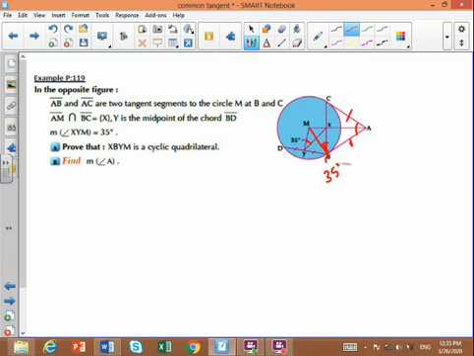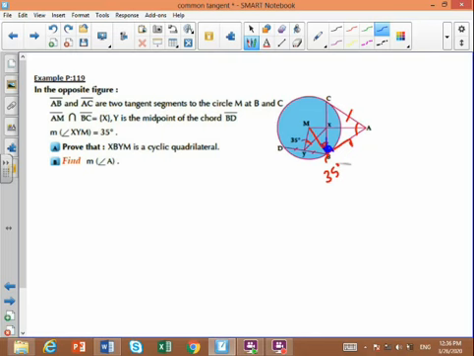Okay, what will be next? I'm giving you time to think. Okay, excellent. Since MB coming from the center is the radius, and this is tangent, so this angle MBA equals 90, right angle.